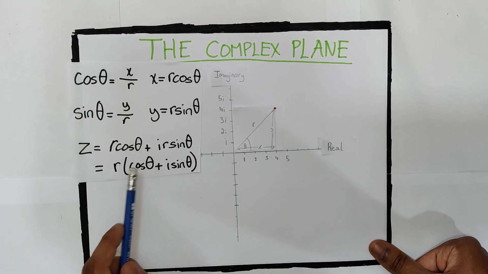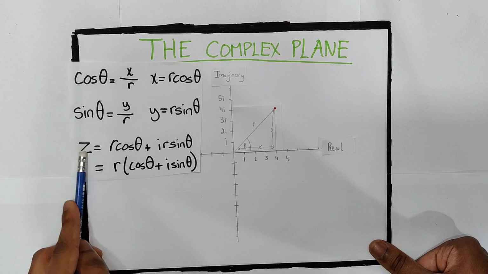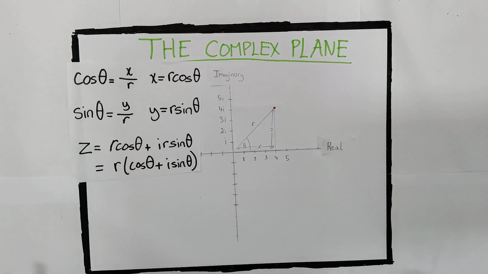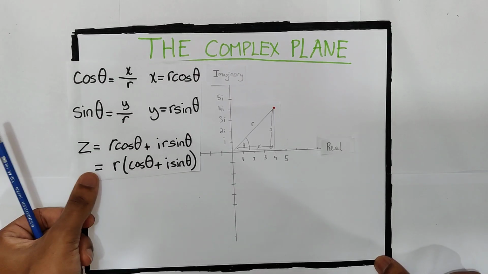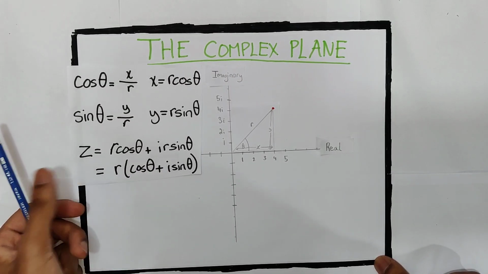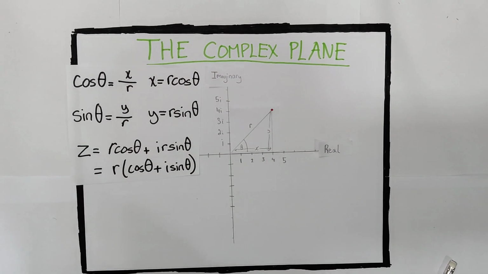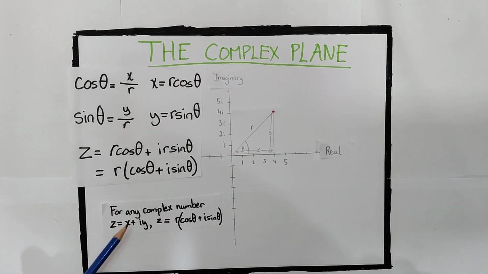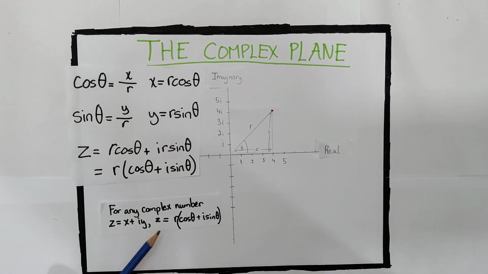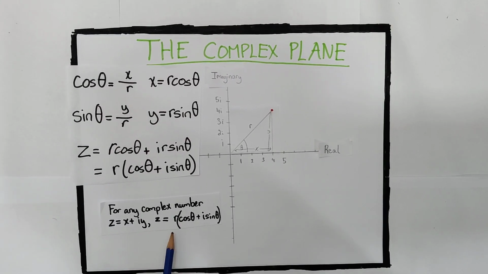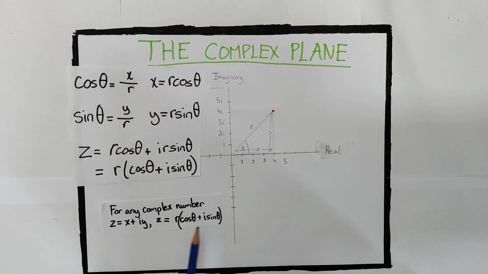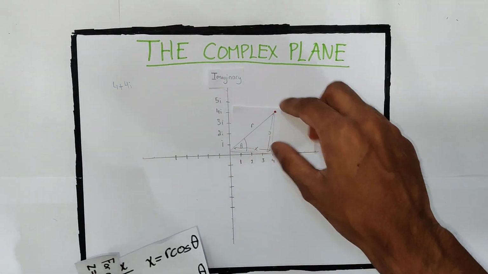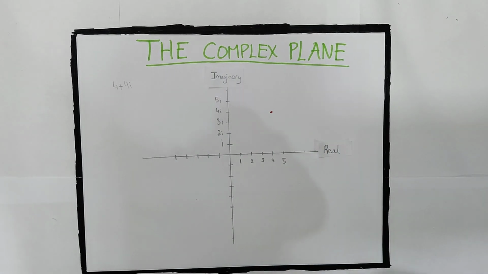We can factorize out the r, and we are left with z is equal to r into cosine of theta plus i sine of theta. That is what is known as the polar form of the complex number. Thus, for any complex number, z is equal to x plus iy. That same complex number can be represented by r into cosine of theta plus i sine of theta. Let's do that with this point that we have here. So this point is 4 plus 4i.